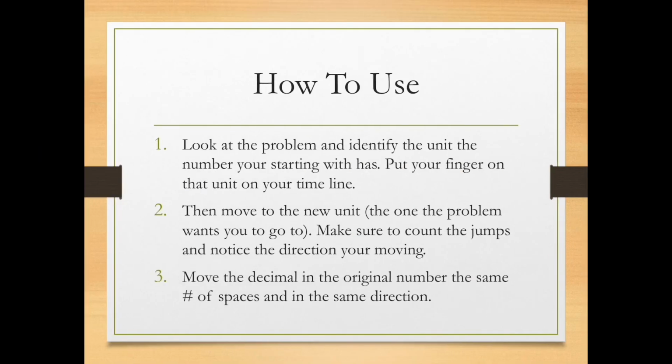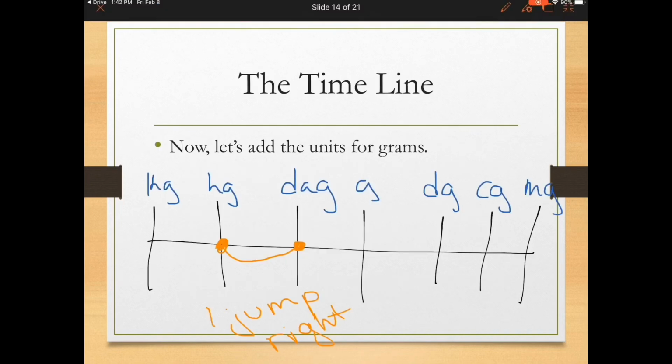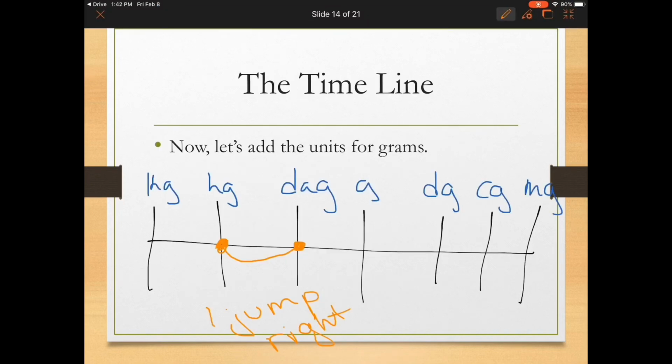So now we're going to move the decimal in our original number the same number of spaces and in the same direction that we did when we moved through the timeline. So let's say my number was 220 hectograms, and remember we went to decagrams.